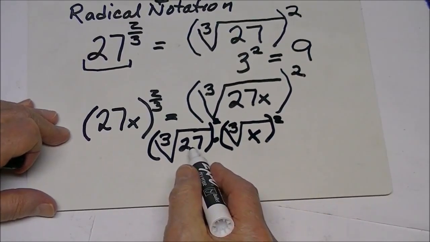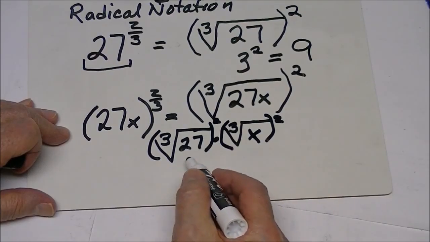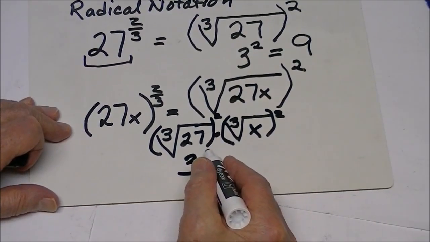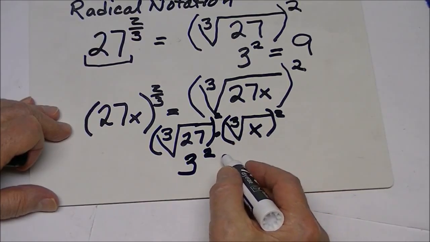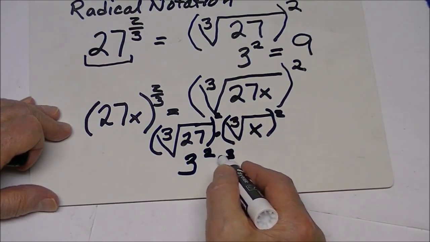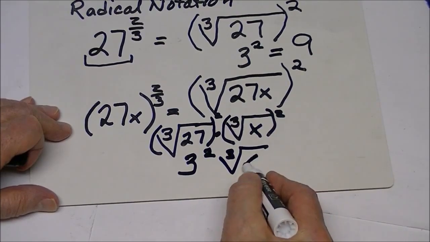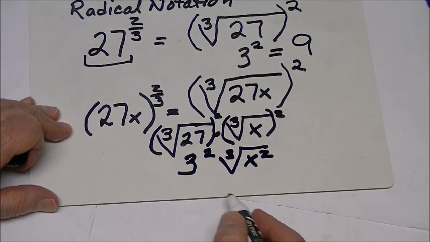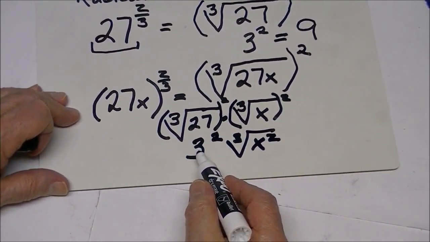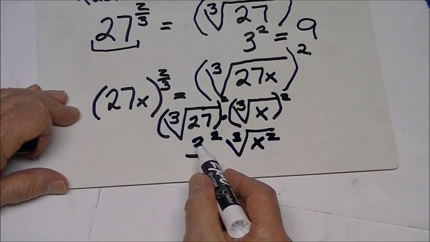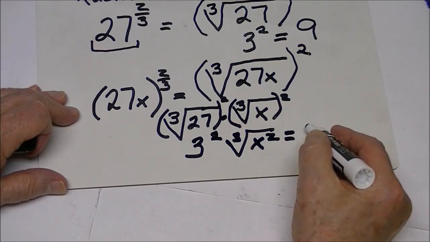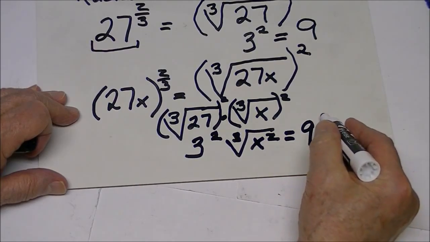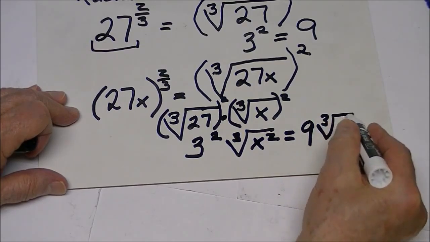So the third root now of 27 is 3 squared. And this becomes the third root of x squared. Now you would simplify this a little bit more. 3 to the second would be 9. So our final answer here would be 9, the third root of x squared.